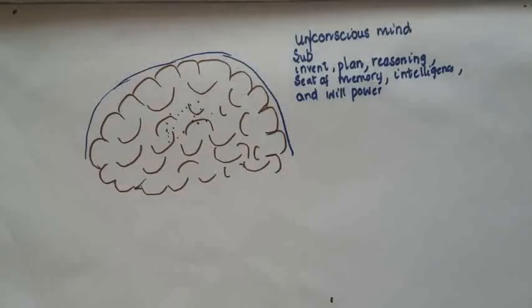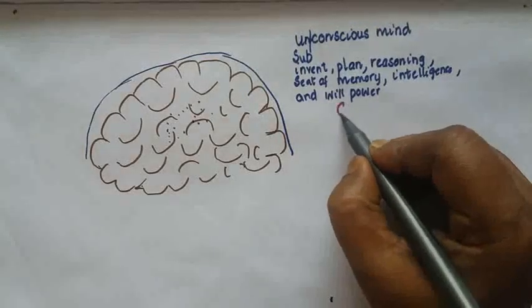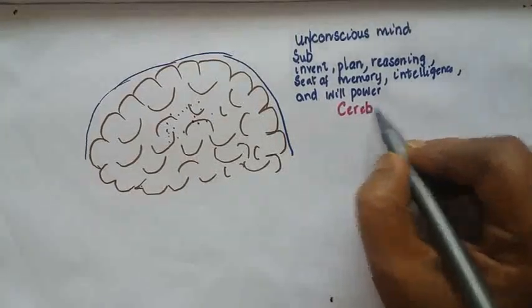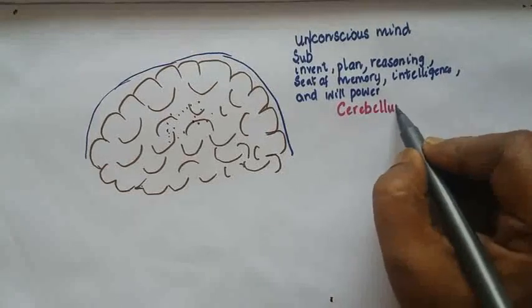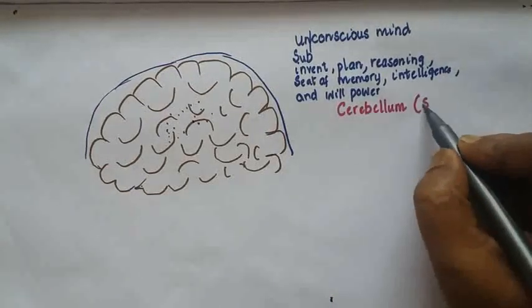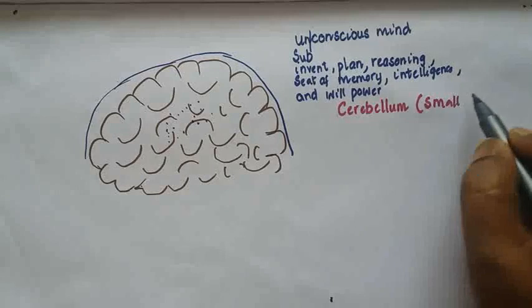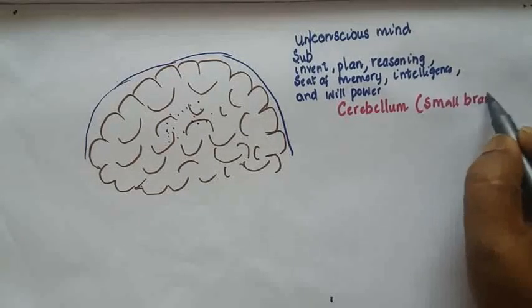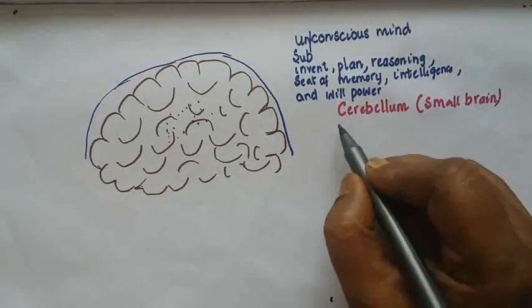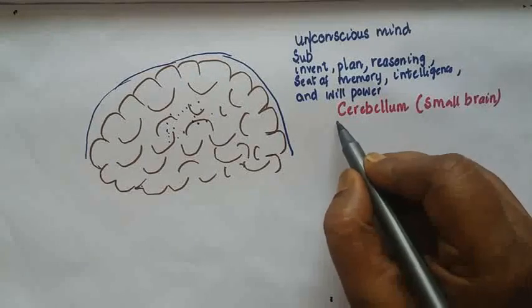Yes, children. Now let us learn about the cerebellum, which is the second part of the human brain. So where do we find this cerebellum? The cerebellum is also known as the small brain, which also has two parts similar to the cerebrum.